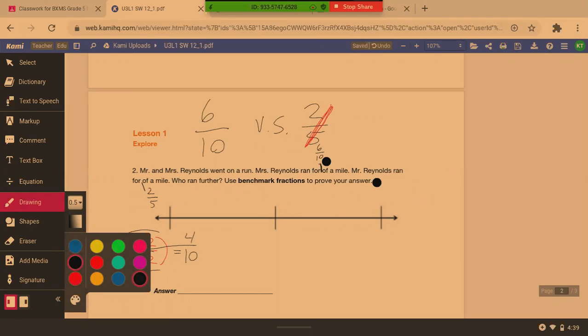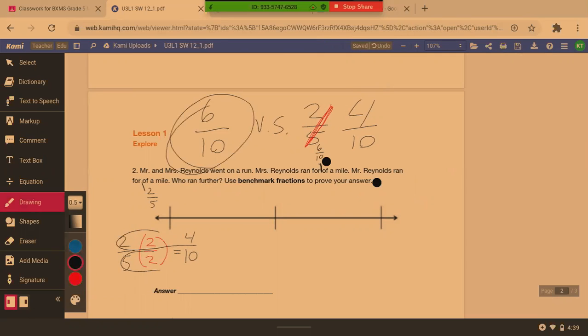Which is bigger, 6/10 or 4/10? If you had a candy bar and there are 10 pieces, would you rather have 6 out of 10 or 4 out of 10? 6 out of 10 is more.